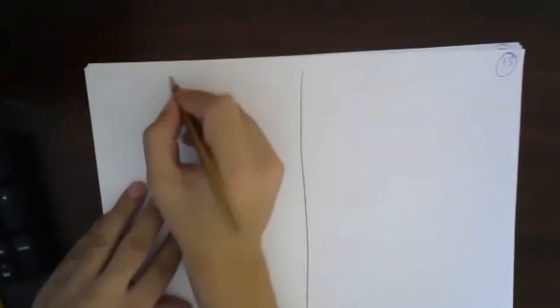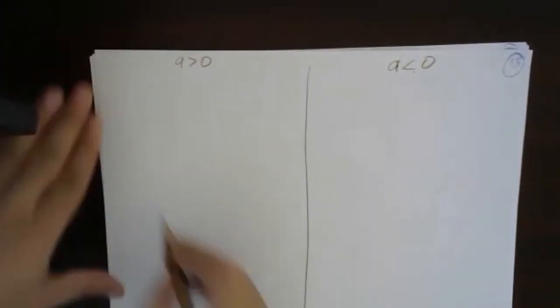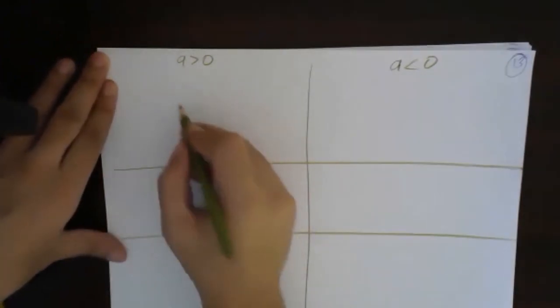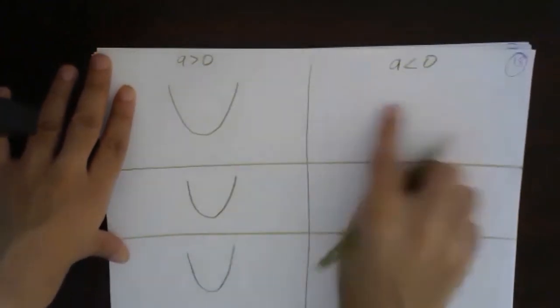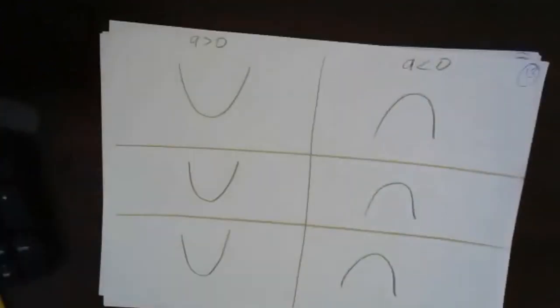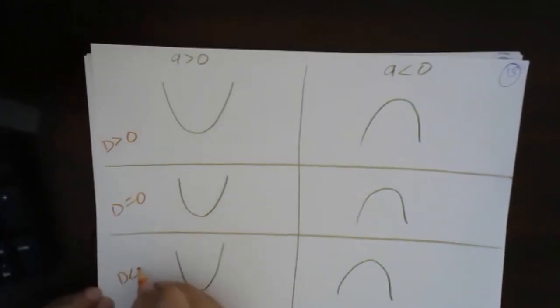So let's neatly draw those 6 cases. One for a greater than 0, other for a less than 0. For a greater than 0, the curve will be always upward. For a less than 0, the curve will be downward. Now this is for d greater than 0, d equal to 0, and d less than 0.